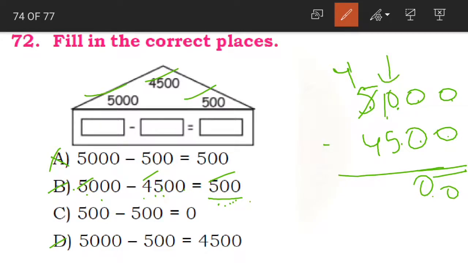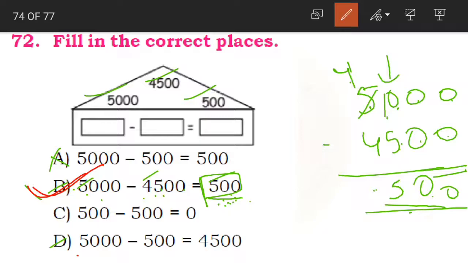Now in the hundreds place, 10 minus 5 is equal to 5, and lastly in the thousands place, 4 minus 4 is 0. What is our difference here, children? 500. That is the same as given in option B. So option B is our correct answer.